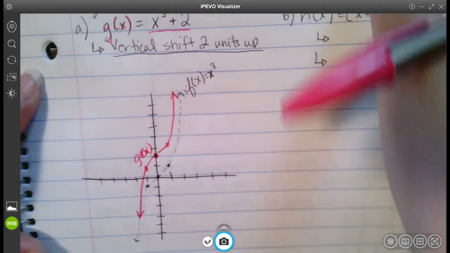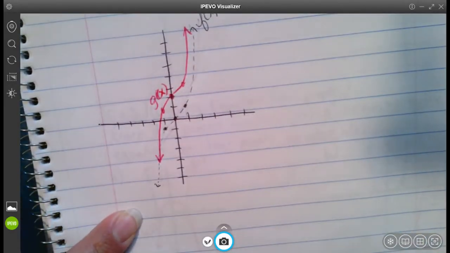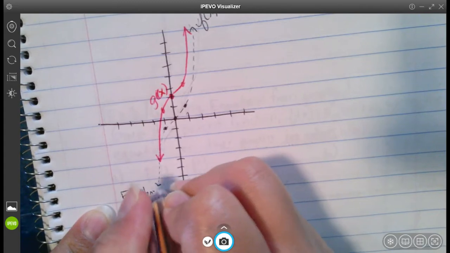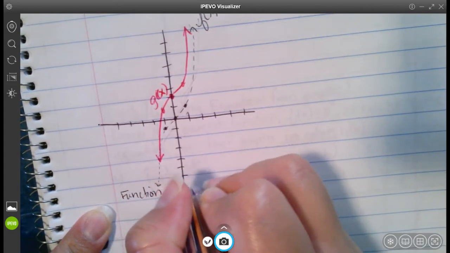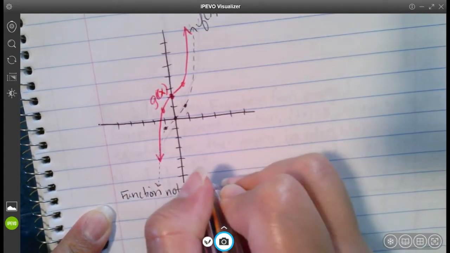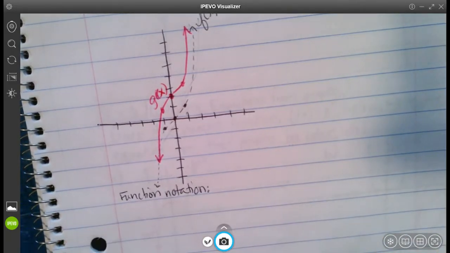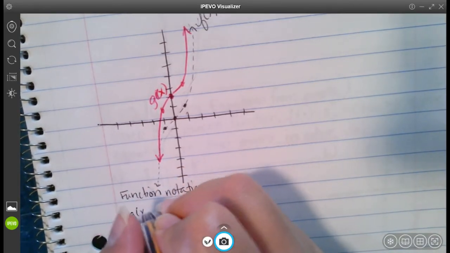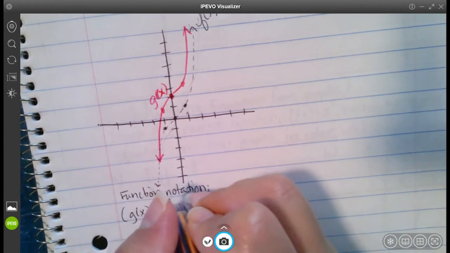I'm going to add one more thing at the bottom because you're going to have to know this. On the bottom, I want you to write the words function notation. What function notation is, we're going to use f of x instead of writing that whole x cubed plus 2. Just as a reminder, so we don't have to go back up to the paper, this is what we had up there.